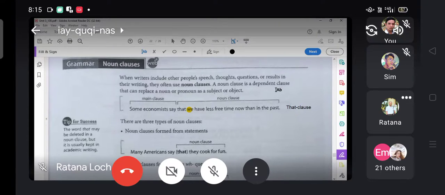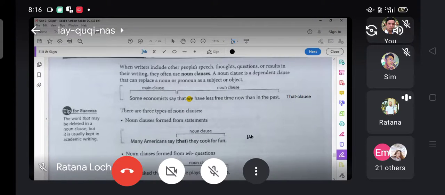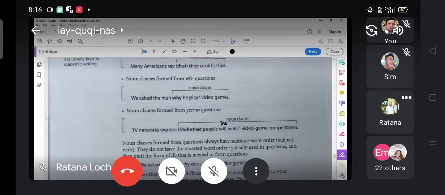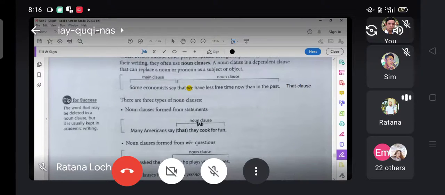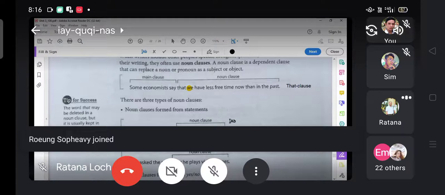So, in order to make it understandable, you have to connect it with an independent sentence or independent clause, right? That can replace a noun or pronoun as a subject or object. So here we have 3 points that we have to understand.